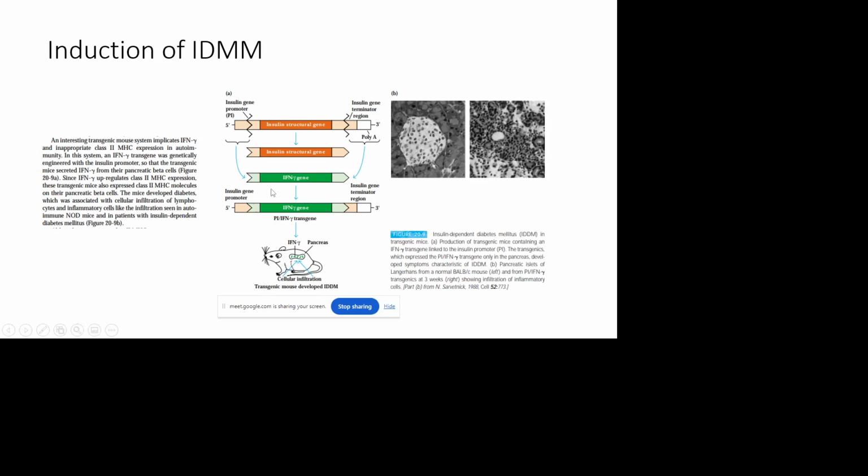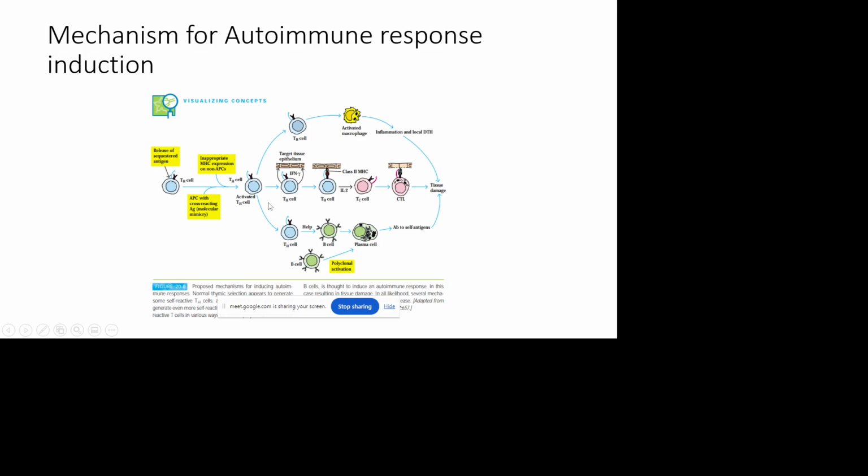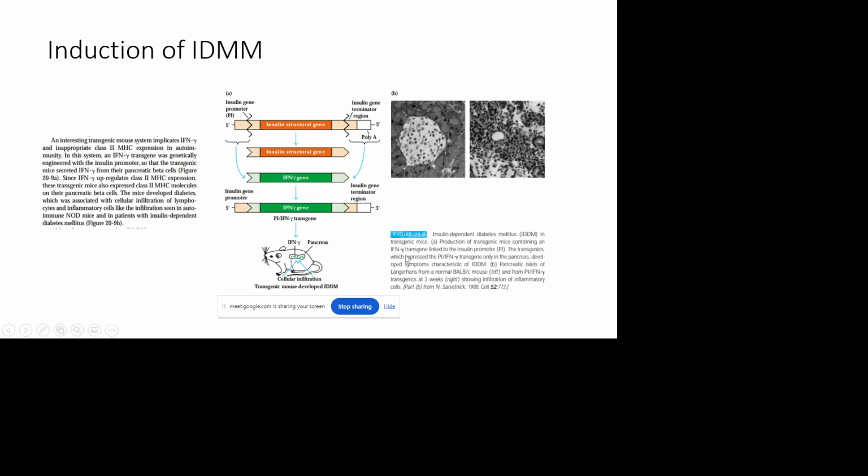But due to this IFN gamma expression under the insulin promoter PI, the IFN gamma will induce upregulation of class 2 MHC expression. So now the transgenic mice will also express the class 2 MHC on their pancreatic beta cells, right? Once they start expressing class 2 MHC, then the helper T cell will come and activate the cytotoxic T cell and other lymphocytes, right?